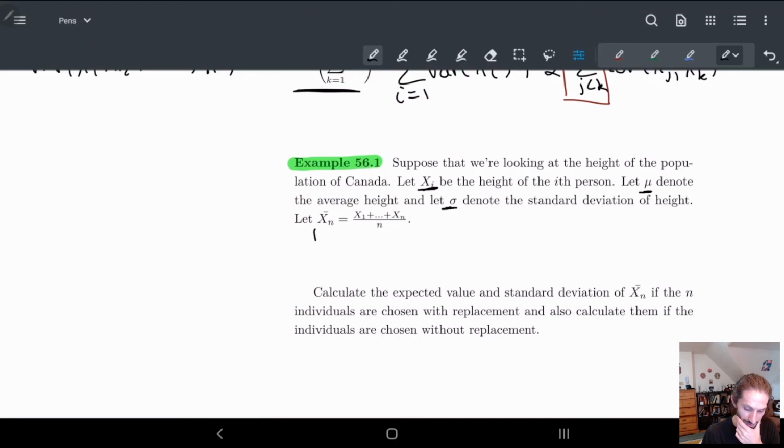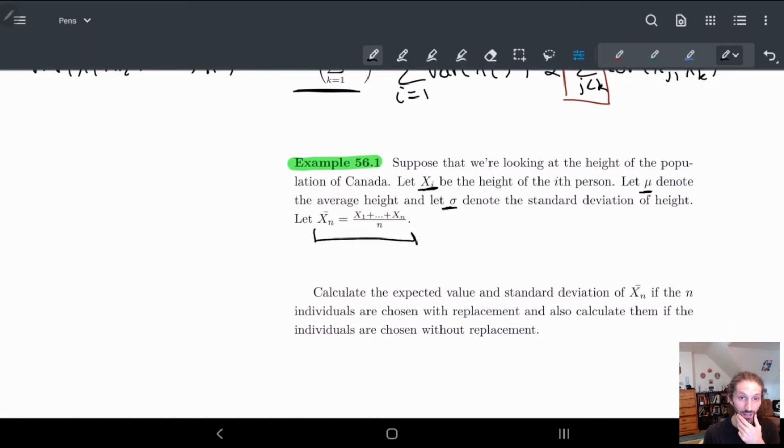We should remember that Xn bar is going to be equal to the average value, so X1 plus all the way up to Xn divided by n. This should give us our mu in essence.